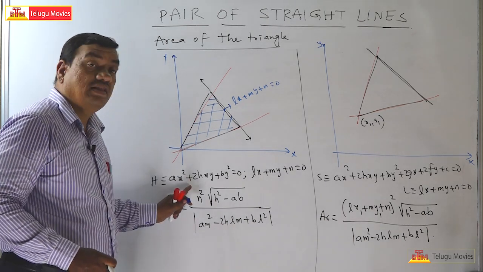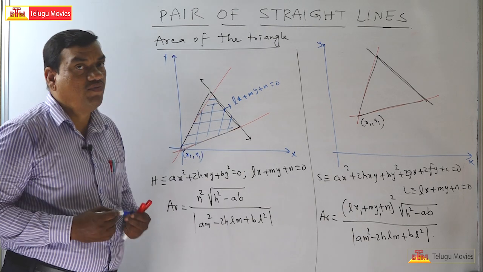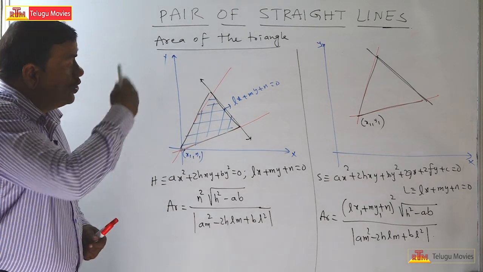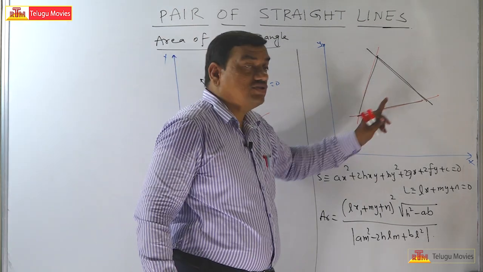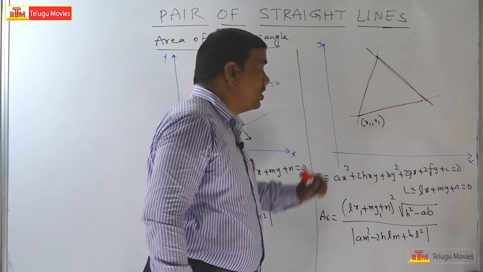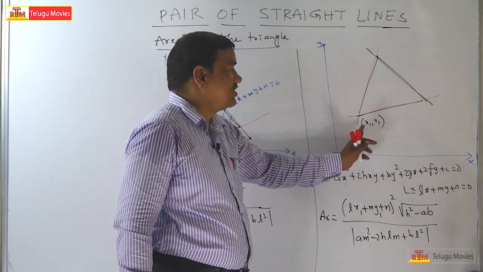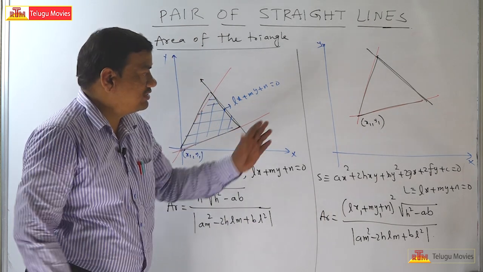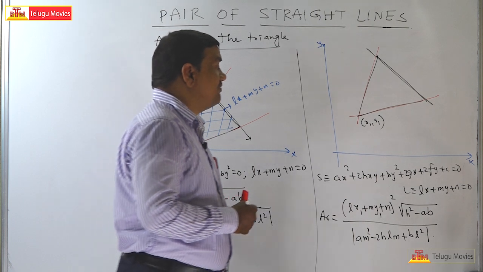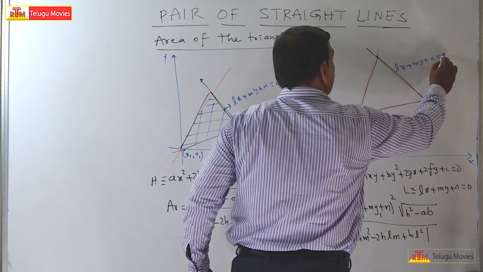Observe here, the pair of straight lines are passing through the origin. In the second case, the pair of straight lines are not passing through the origin. Let us take the point of intersection of the pair of lines as x1 comma y1, and the equation of the line is lx plus my plus n is equal to 0.